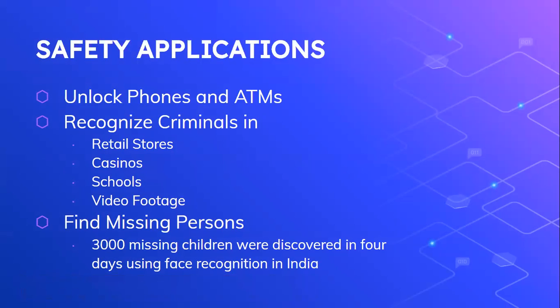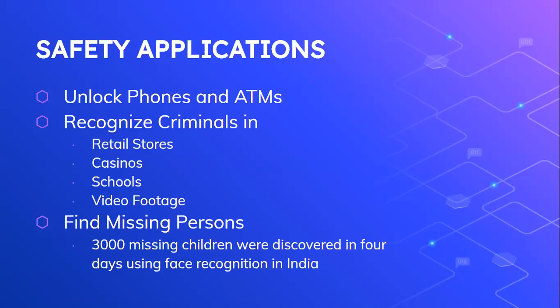Any type of phone actually has fingerprint and password, but they recently also added facial recognition as another layer of security. And also in ATMs, they use facial recognition because ATMs contain obviously a lot of sensitive personal financial information.